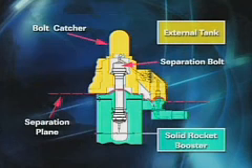Next slide is a cutaway graphic that shows some of the inner workings of the separation bolt. The bolt catcher, as I said, is attached to the external tank. The separation plane you can see between the yellow and blue depicts the difference between the external tank and the solid rocket booster.